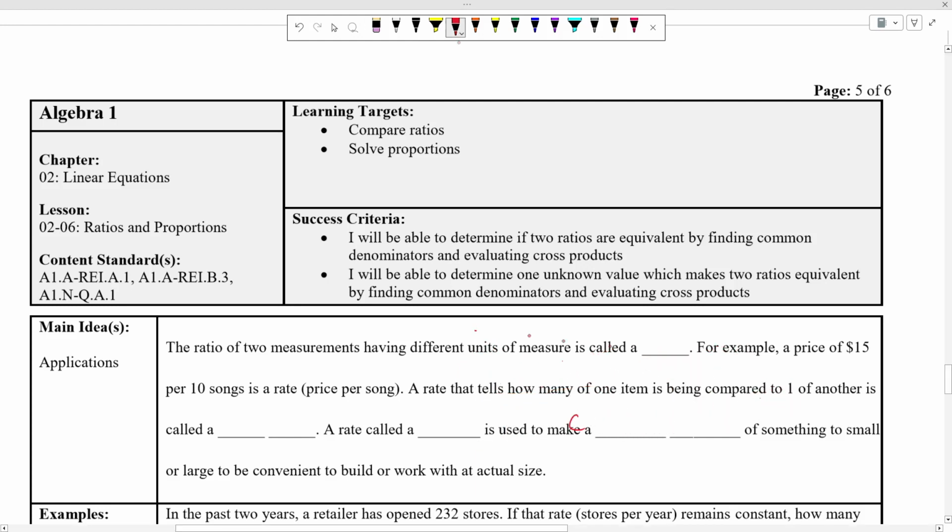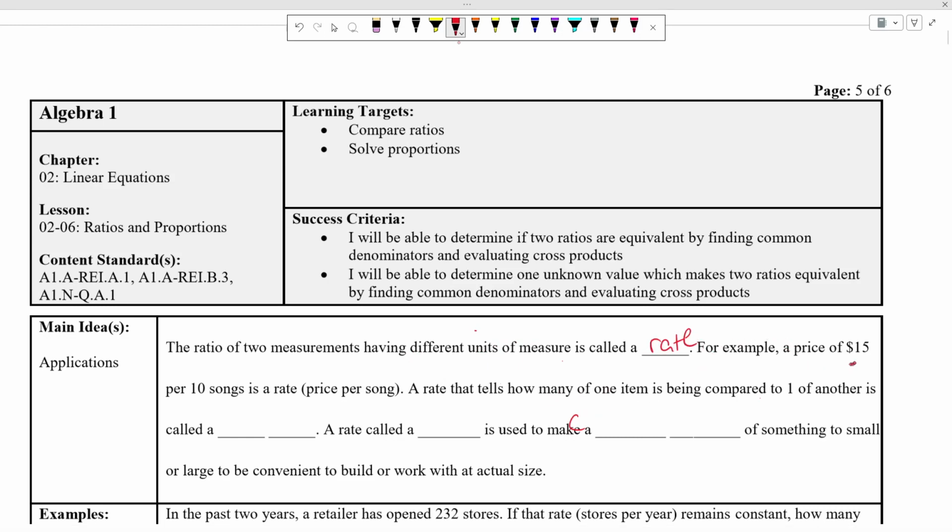I can have a ratio, maybe not in the purest sense, but a ratio nonetheless. And this ratio may have two measurements with different units. It is possible. In fact, there are a lot of things out there where that is the case, right? And that would be called a rate.